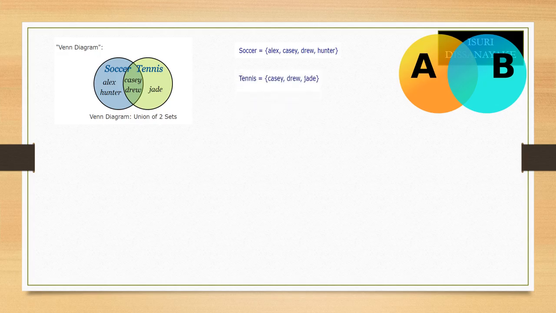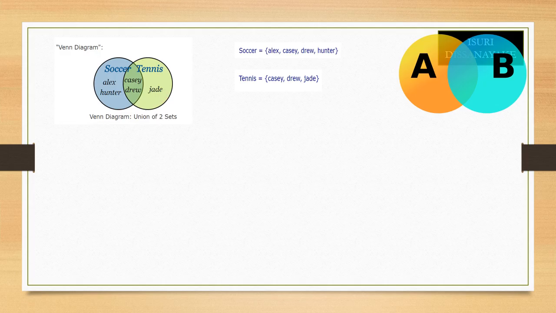Casey and Driv are the two players who play both soccer and tennis, so I have put that information right in the middle. And to the left of the circle I have put Alex and Hunter, who play soccer only.